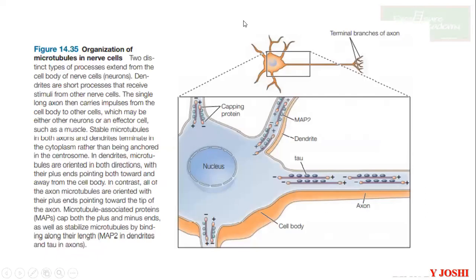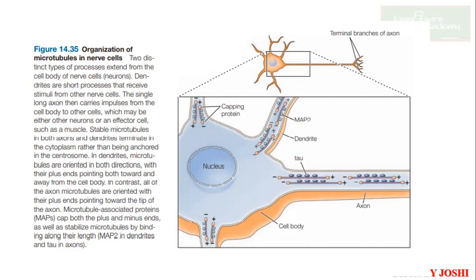So here you can see this is your neuron, right? And then we have taken the axon body and the dendrites are present. Now we see that each end of your microtubule is not originating from the centrosome. It is released from the centrosome. They are not anchored to the centrosome, they are just released and they are stabilized.